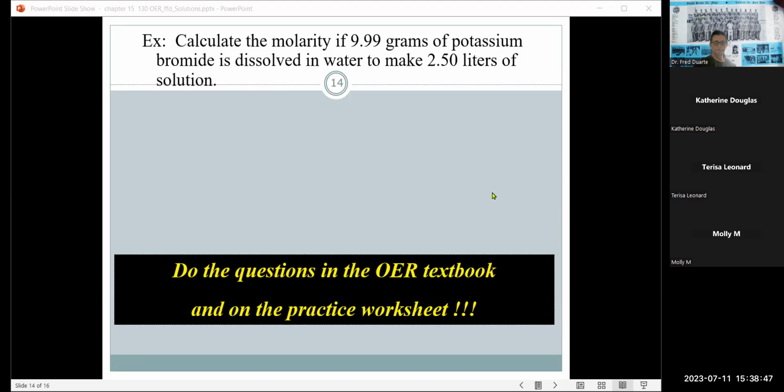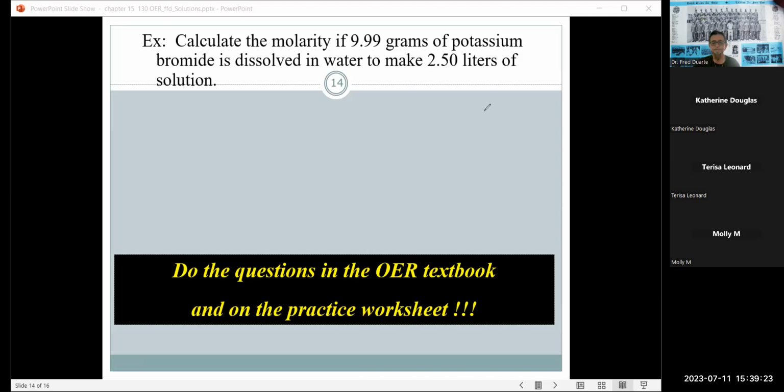For example, calculate the molarity if 9.99 grams of potassium bromide is dissolved in water to make 2.5 liters of solution. So this is where we need to figure out the formula first, which is what we've been working with up to this point. We got potassium bromide, which tells me, and should tell you, that we're dealing with an ionic compound.